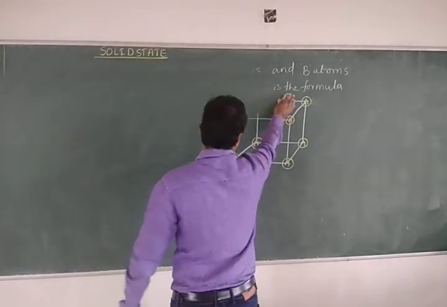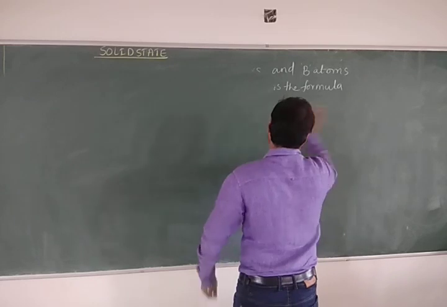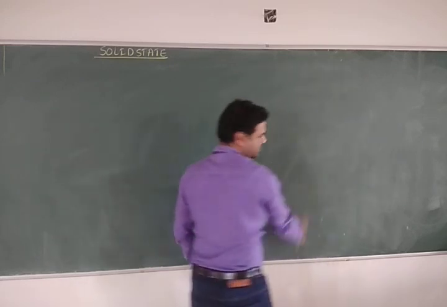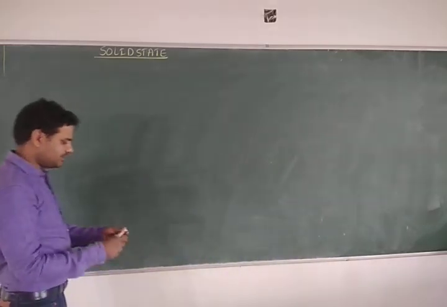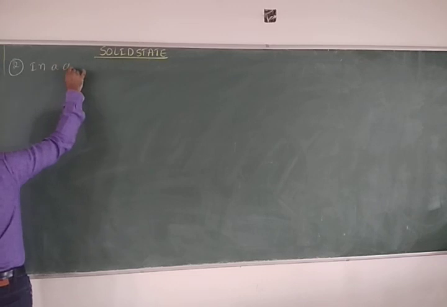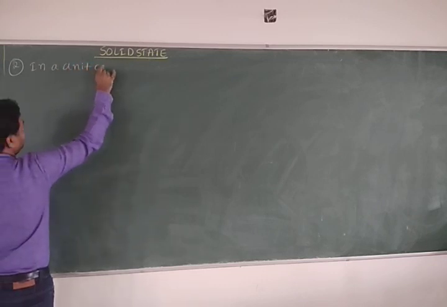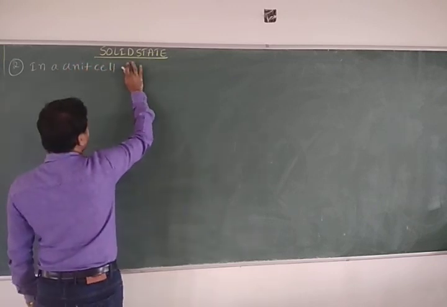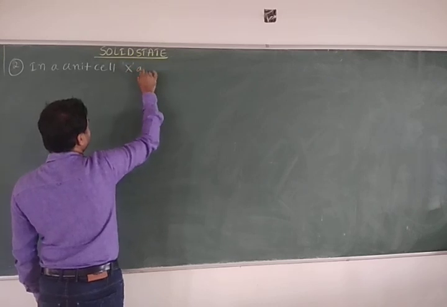The second question is given like this. Once you go through this question, you may get some confusion. This is question number 2. So here in a unit cell, I am writing X atoms.